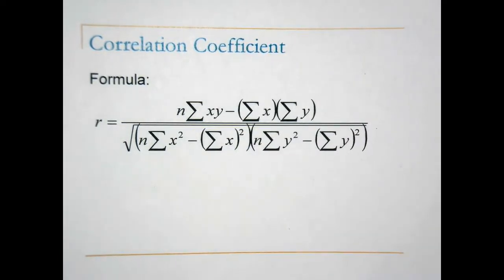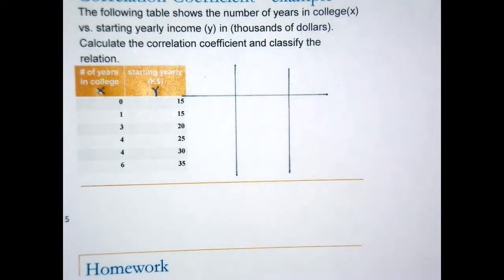So let's go and do one. In this example, we are going to find the correlation coefficient, or Pearson's R, for this data, which shows the number of years in college or after high school education versus the starting salary per year for the first job.